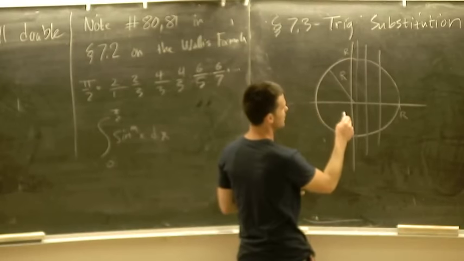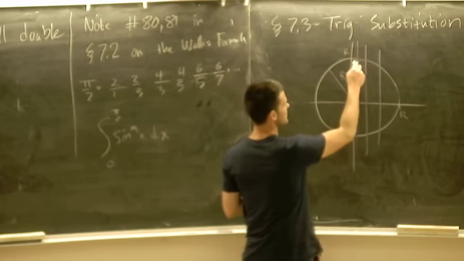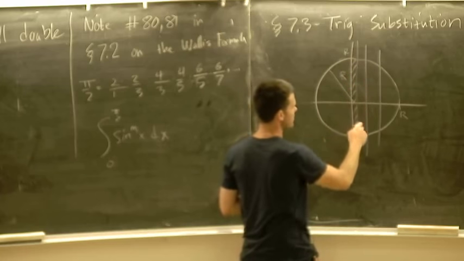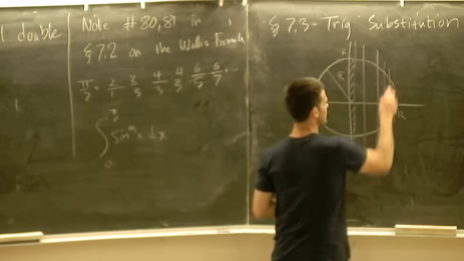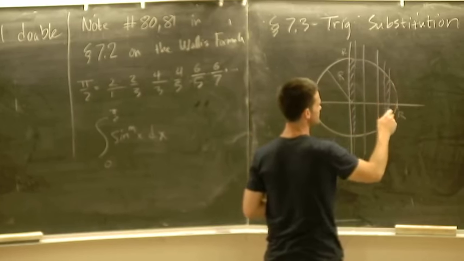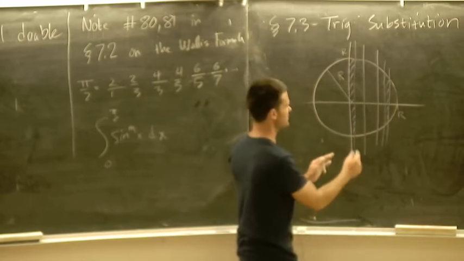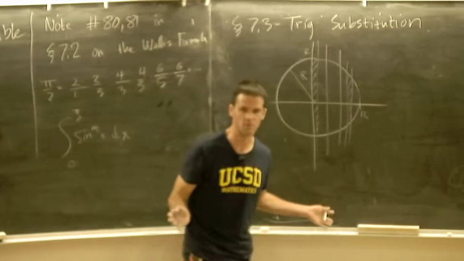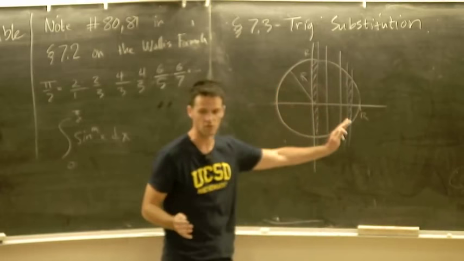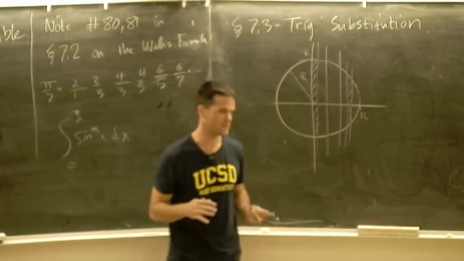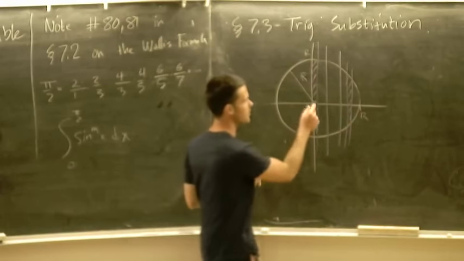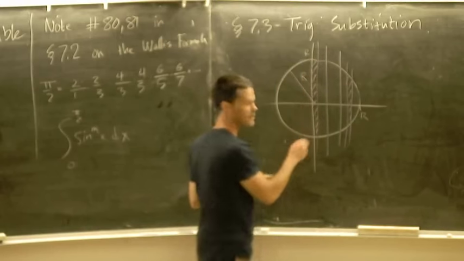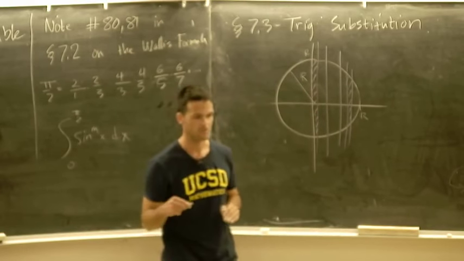Now, obviously, this slice right here is going to be a bigger piece than this slice right here, right? Just because they're of equal width doesn't mean they're equal area because of the shape of this circle. So it's actually not very simple to figure out a formula for what the area of this slice should be.